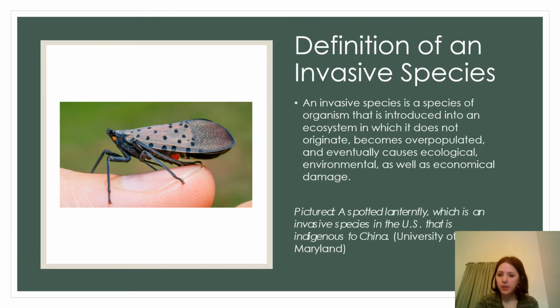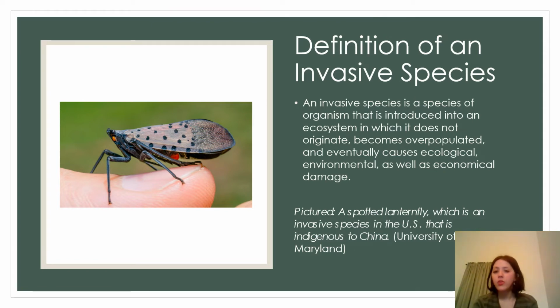So an invasive species is a species of organism that is introduced into an ecosystem in which it does not belong and does not originate, and it becomes overpopulated and eventually causes ecological, environmental, as well as economical damage.